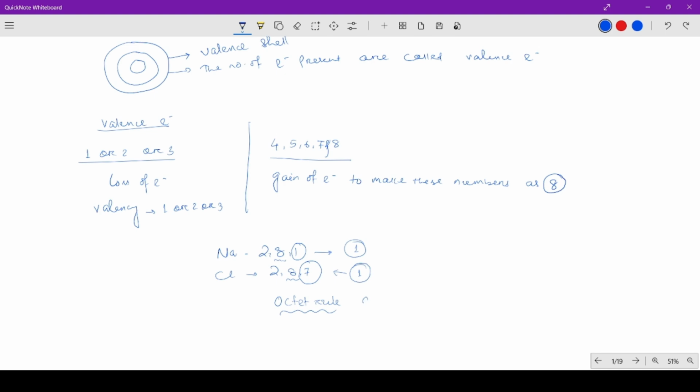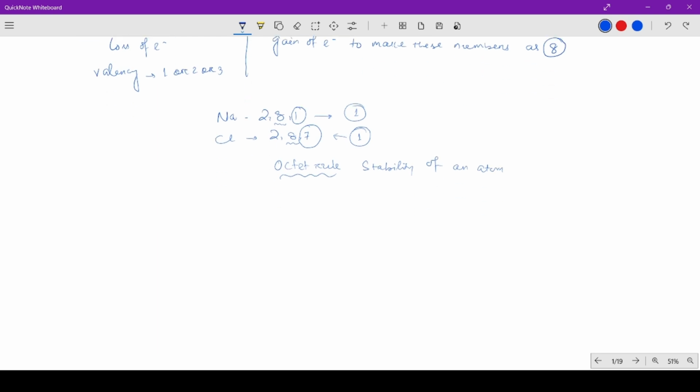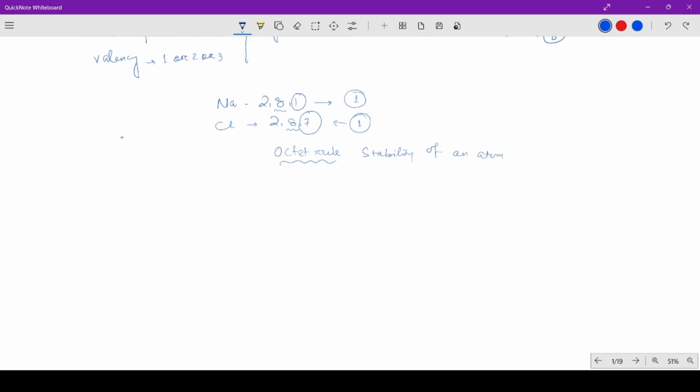That means stability of an atom. So why do atoms lose or gain electrons?